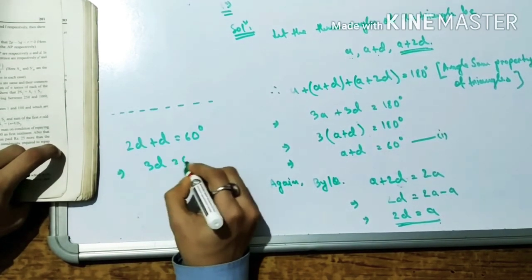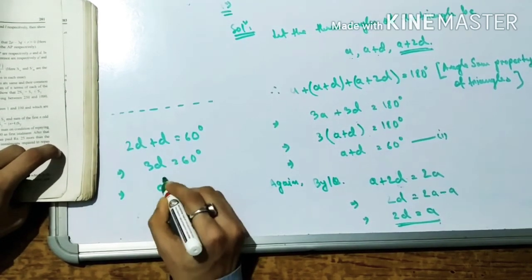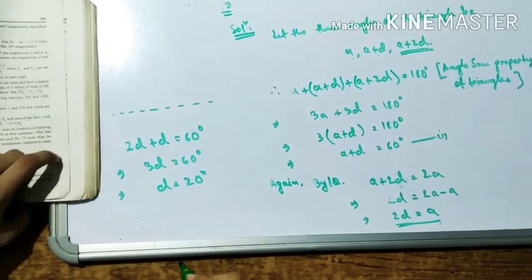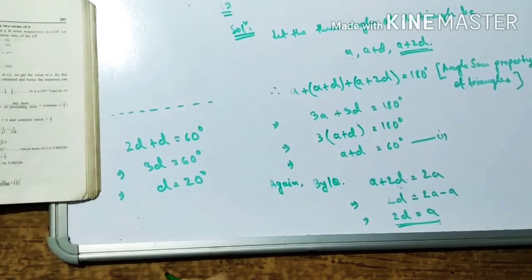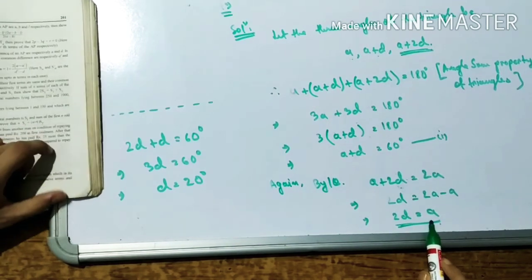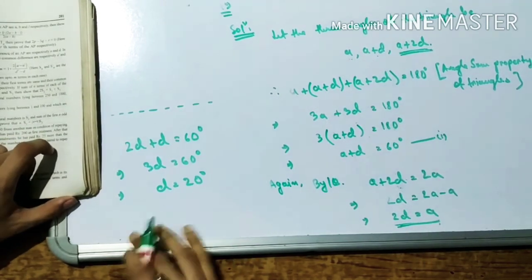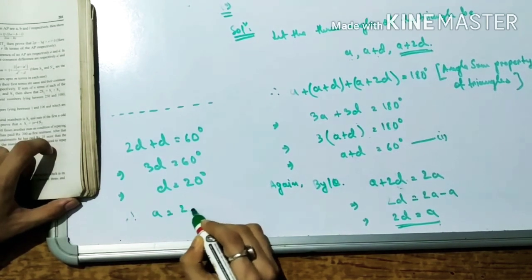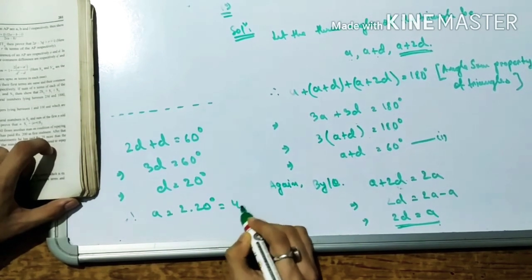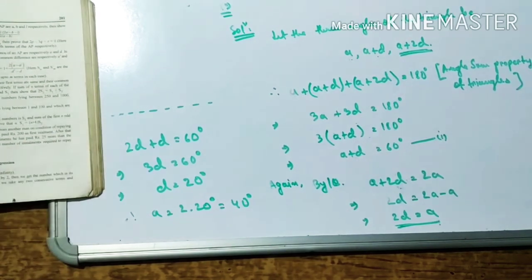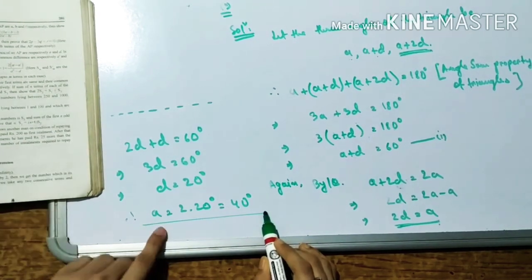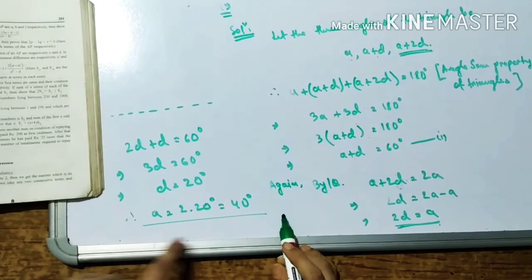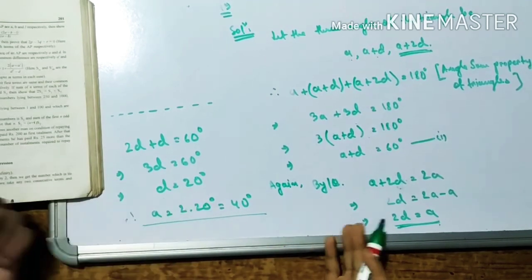Ultimately 3D is equal to 60 degrees, so D is equal to 20 degrees. Putting this D value in 2D is equal to A, A is equal to 2 into 20 degrees, which is 40 degrees. A is 40, D is 20: the first term and the common difference.